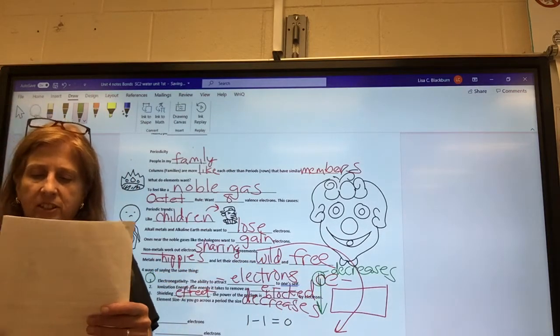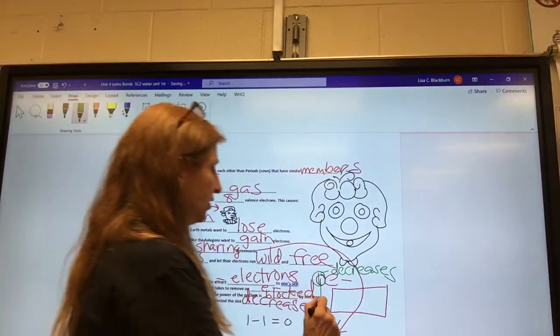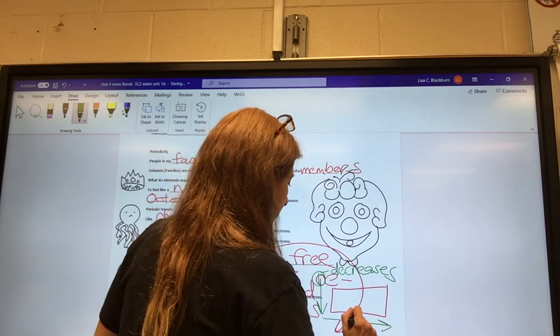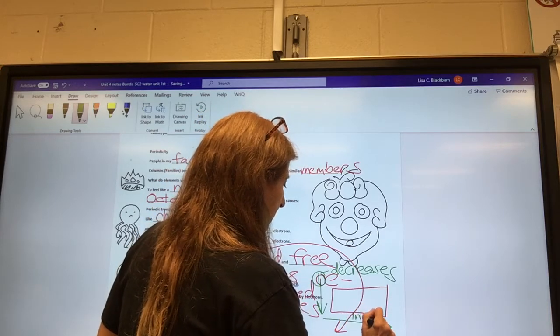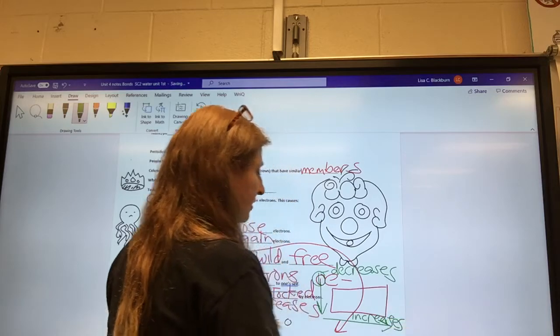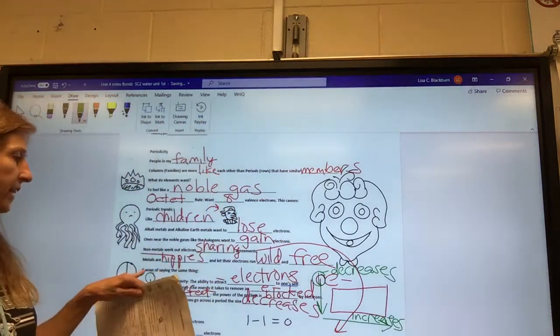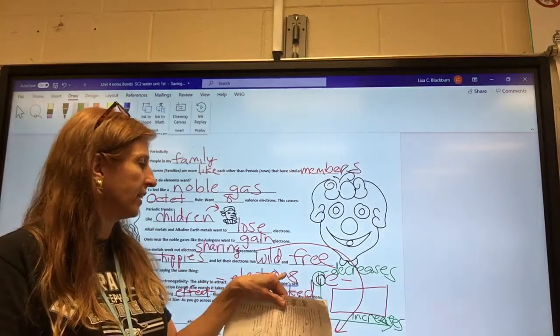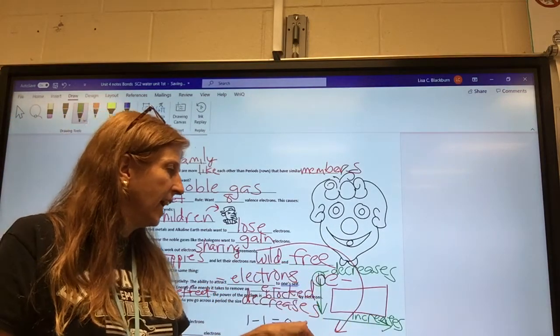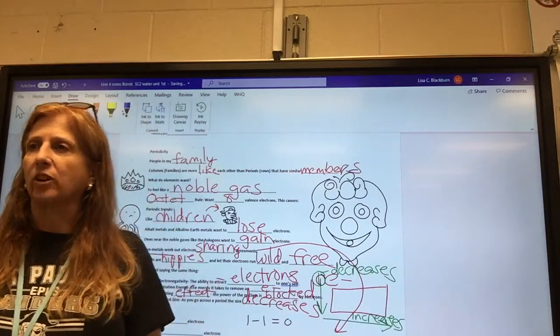Does that make sense? As you go across, it increases. Because they want electrons. So electronegativity, the ability to attract electrons to oneself, as you go down a family, it decreases. As you go across a period, it increases.